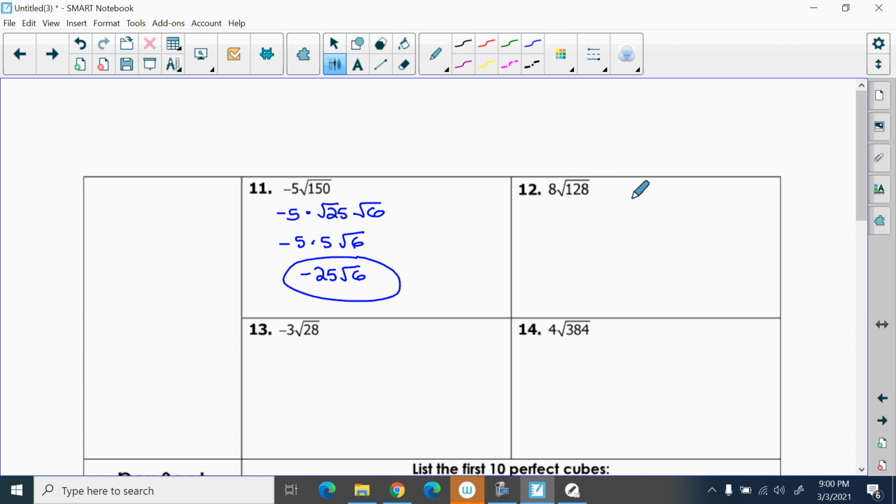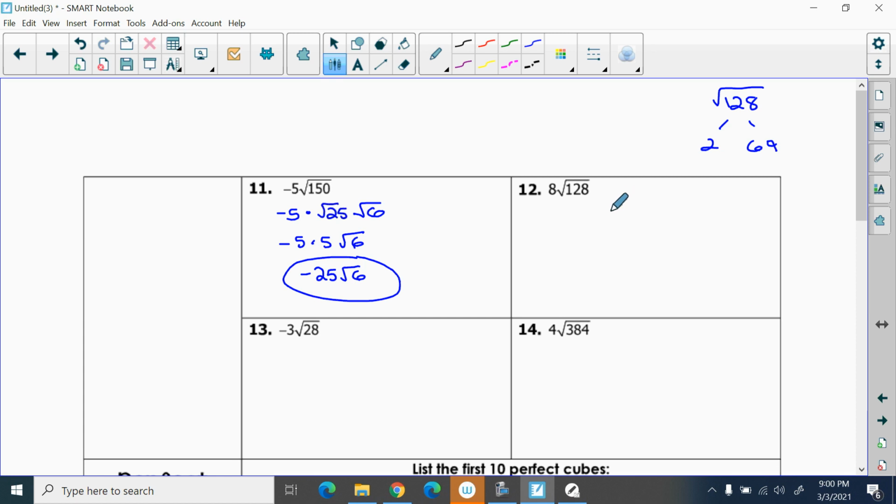Now let's look at 128. So it's an even number, so I'm gonna go ahead and factor it out. So I'm gonna start up here just so I have some more room. So I've got 128, oh, well, I know that actually this is, if I divide it by 2, it's divisible by 2 by 64.